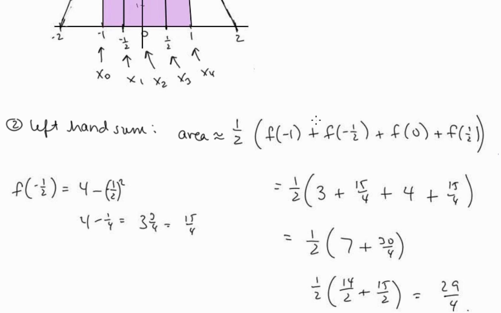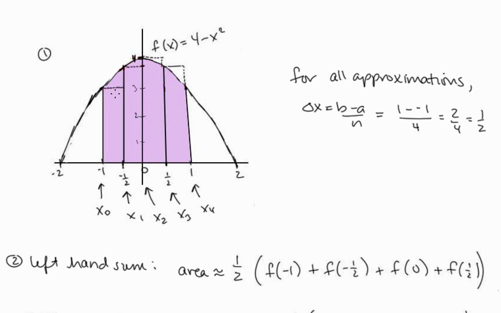And similarly, we can take a right-hand sum, and on each subinterval we want to take the function evaluation on the right-hand side to be the height of the rectangle over that interval. So over the first subinterval, I'm using the function evaluation at x equals -1/2. f of -1/2 is going to be the height there. On the second subinterval, we're using f of 0, then f of 1/2, and then f of 1.